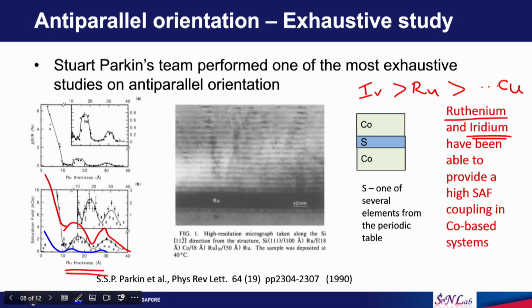So, after this study, people have used ruthenium as one of the main layers to introduce this synthetic antiferromagnetic coupling, but in the recent past, the companies that make MRAM also started using iridium, because iridium gives even larger exchange coupling.